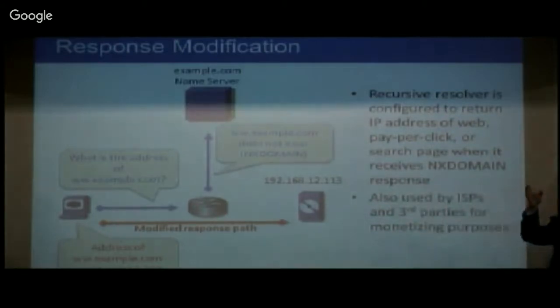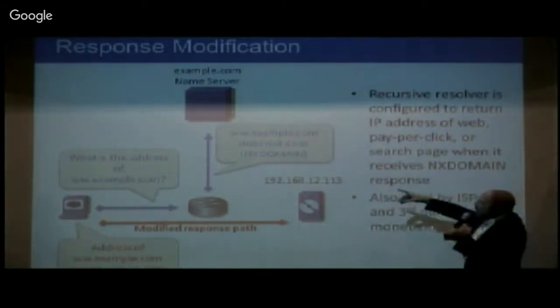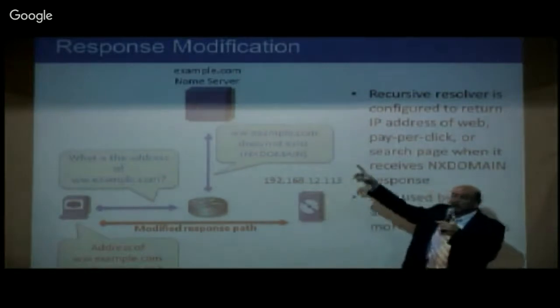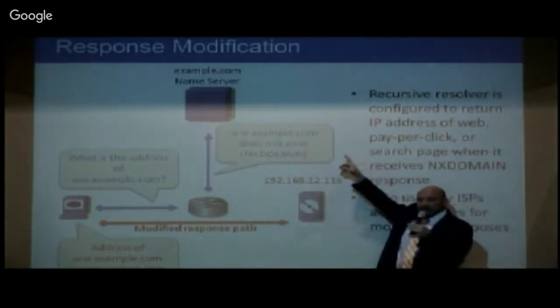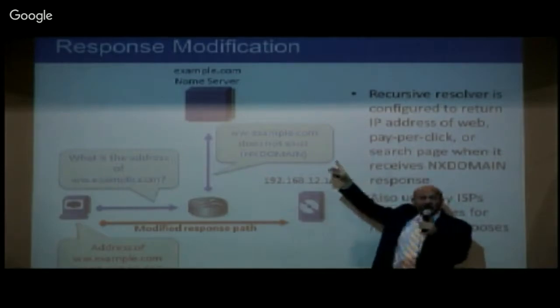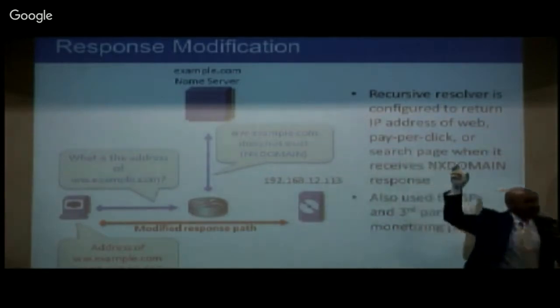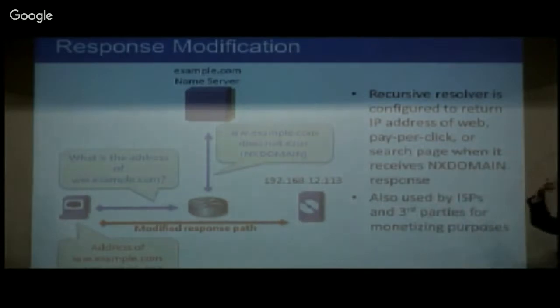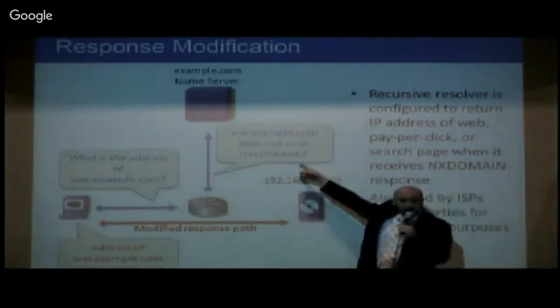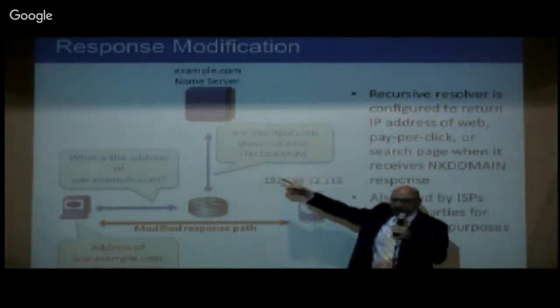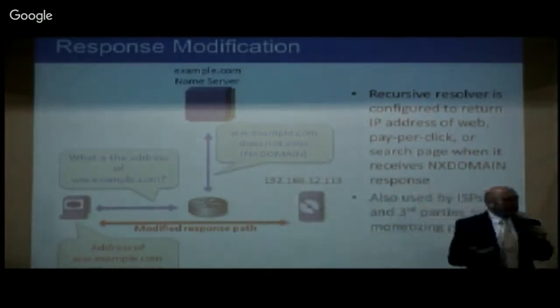There's one called Bear Fruit, and what they will do is, when a client contacts their resolver, and the resolver goes out and asks a question and there's no answer, that the domain doesn't exist, instead of sending back that message, they actually send back what's called a modified response.